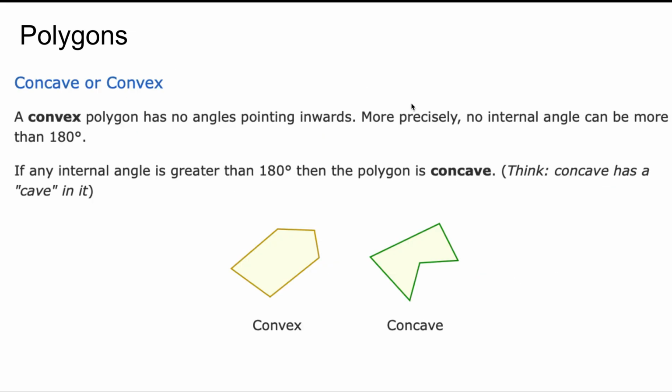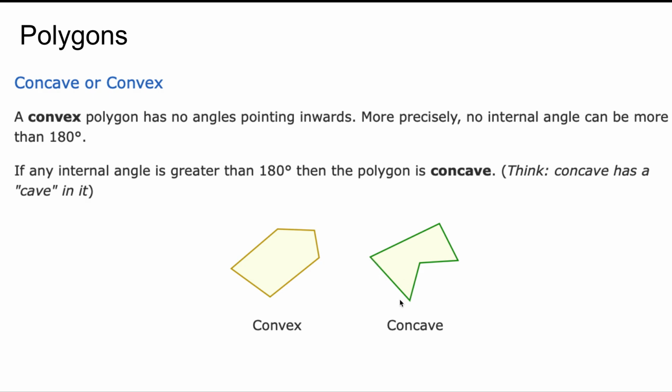In polygons, there are 2 types. One is concave and another is convex. Concave is like cave in, it goes in. So if you compare these two, you can see this angle goes inward, right?